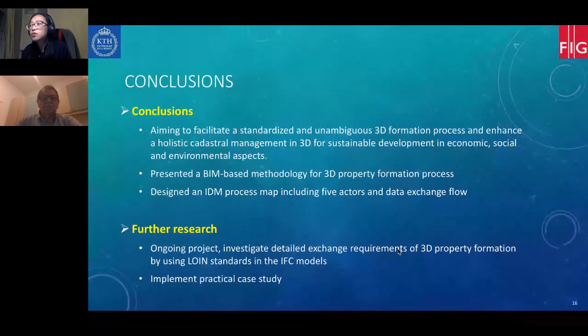This proposed methodology facilitates a standardized and unambiguous 3D property formation process and enhances holistic cadastral management in 3D for sustainable development.